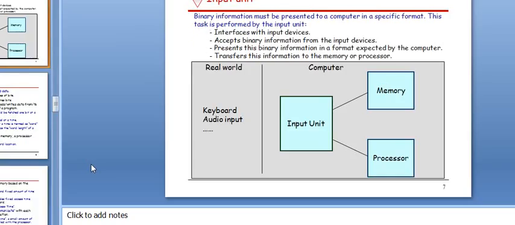Then information in a computer is called data. Data are the operands upon which instructions operate, meaning the things on which the instructions operate. Simply data.